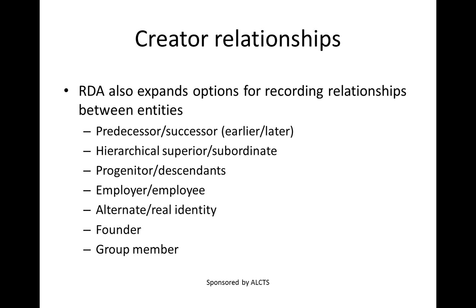The full range of potential relationships is given in RDA Appendix K, a list which we expect will dramatically expand over the next year or so. To meet the minimal requirements, however, we'll only review examples of predecessor-successor relationships and hierarchical relationships.